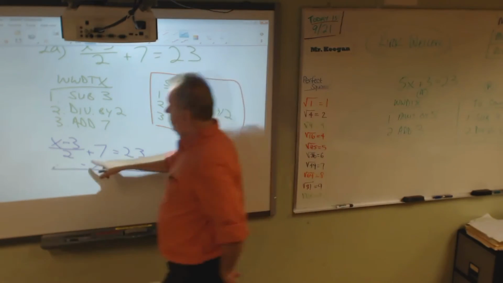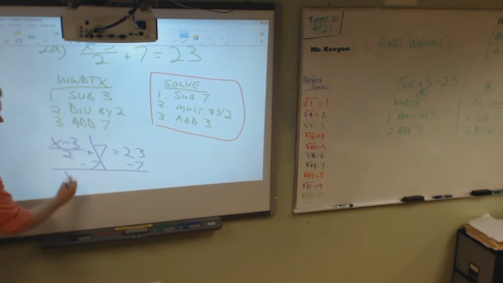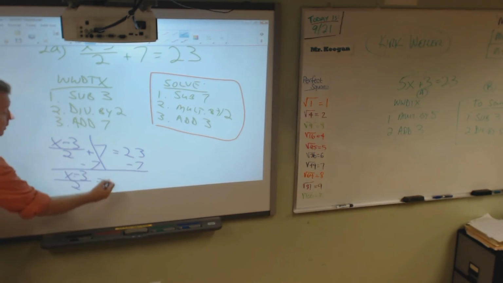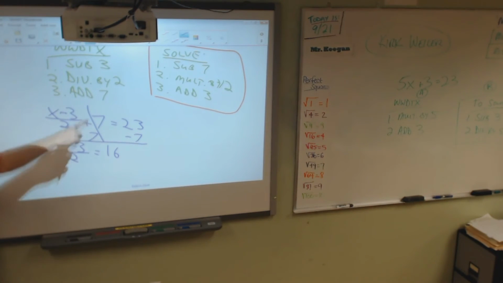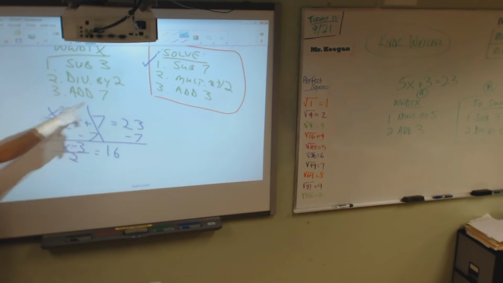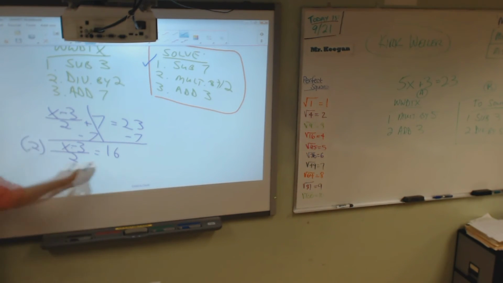So this cancels out, and we get x take away 3 divided by 2 is equal to 23 take away 7 is 16. So we did the first thing. Now we have to multiply both sides by 2. Really, you're going to have 2 divided by 2.